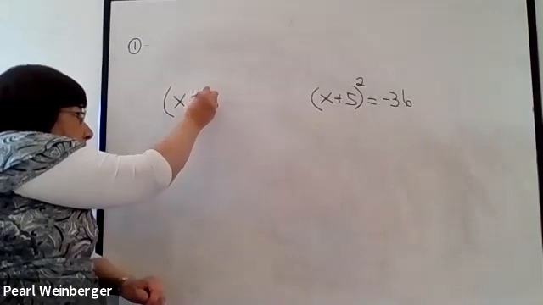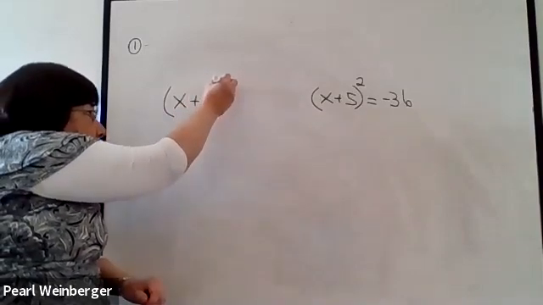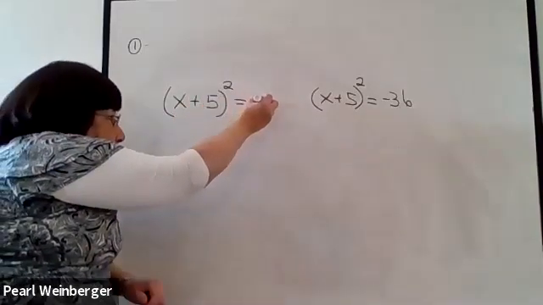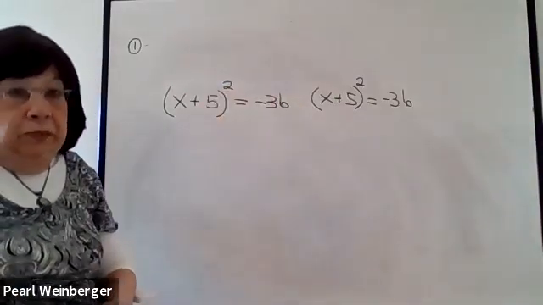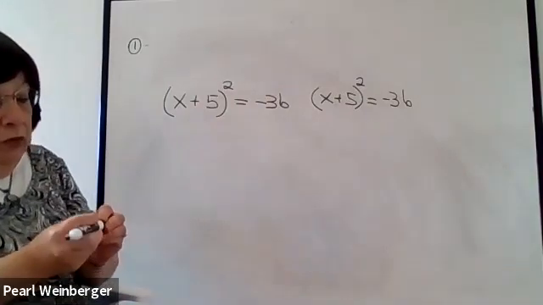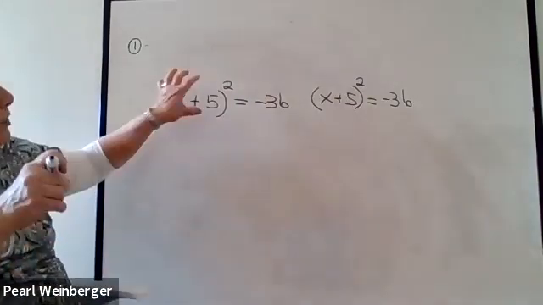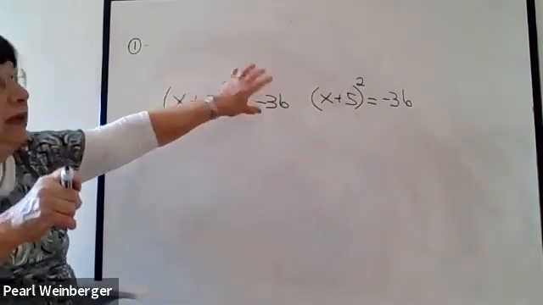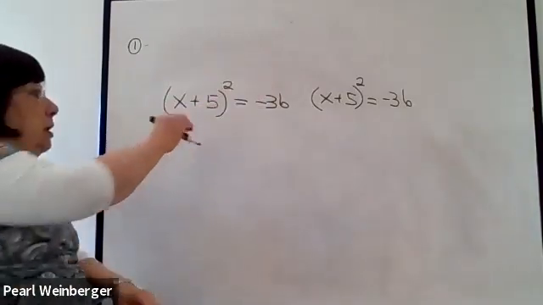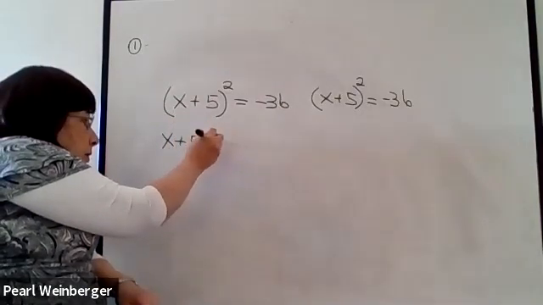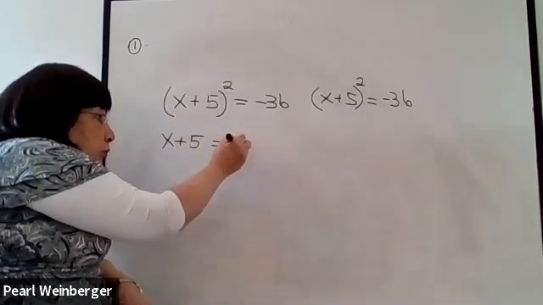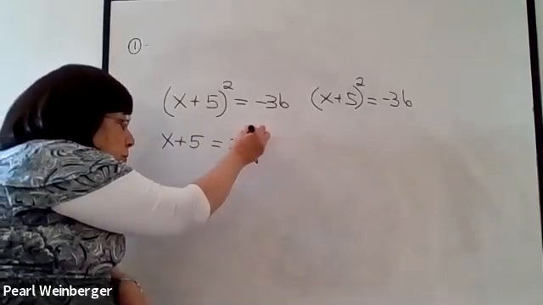In this case, it's a binomial, x plus 5 squared, equaling a number, negative 36. So if I use my square root method, which I can whenever I have just something squared on one side and a number on the other side, on this side I'll get x plus 5. On the other side, remember what we do? We do plus or minus the square root of the number.